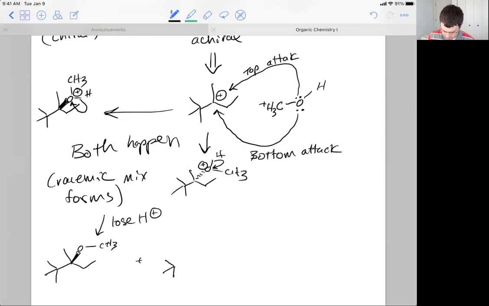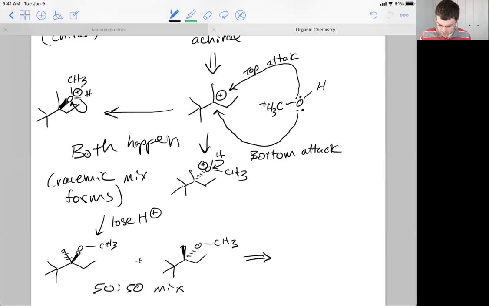Now the trouble with what I'm drawing is when I draw one with a wedge and one with a dash, I still don't know what the orientation is at the other stereocenters, right? Honestly, I could just pick one to push forward and backwards. Let's just pick the methyl group. That's the easiest one to draw. But we have a 50-50 mixture of both of these.